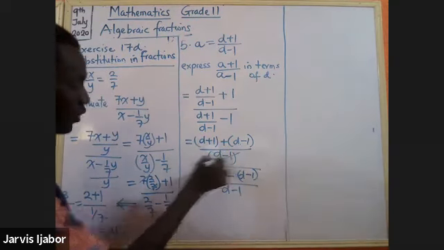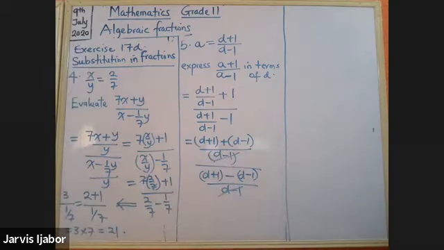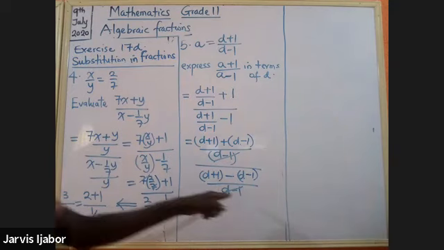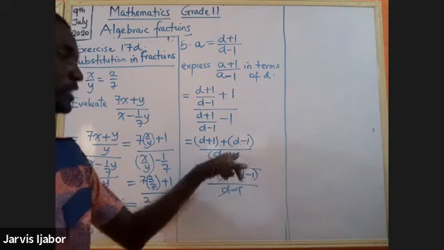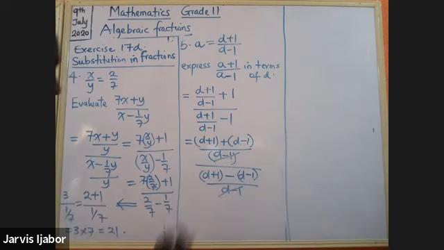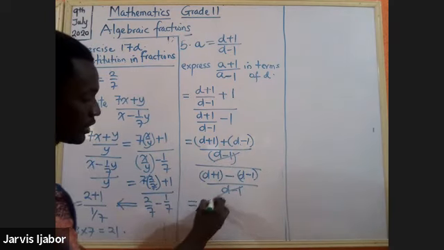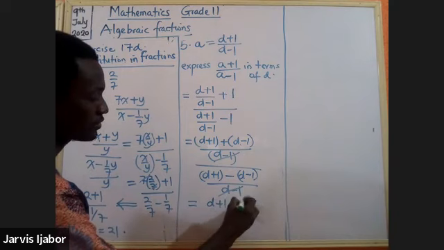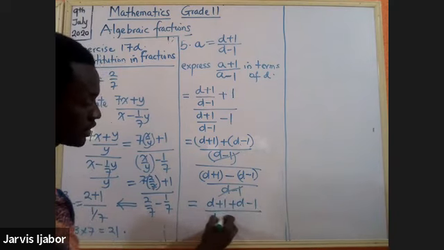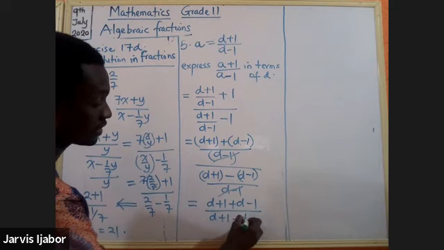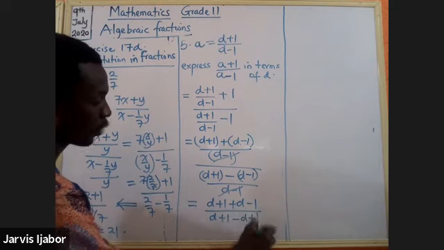This denominator can cancel themselves out. This is actually a denominator. When you are dividing, this is a numerator. This is a denominator. So these two will cancel themselves out. And what you are going to have will be what? D plus 1 minus D plus D minus 1 all over D plus 1 minus D plus 1.